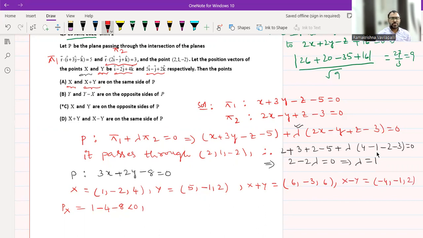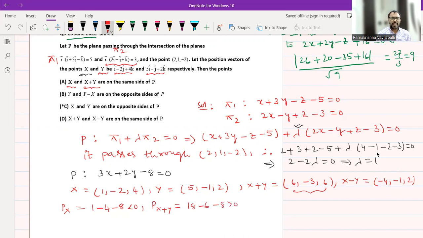Okay. So what is p of x plus y? P of x plus y equal to, you substitute these coordinates in this plane. It is 18 and minus 6 minus 8. So this is positive.